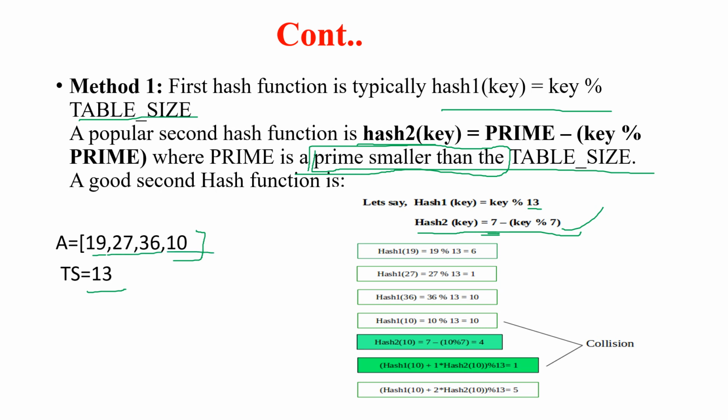Now I am going to calculate the index of 19 using the first hash function.